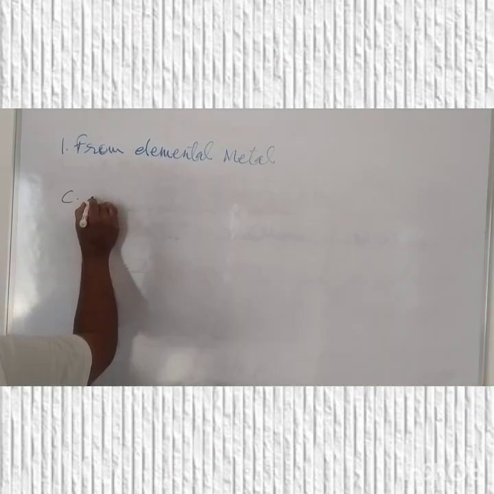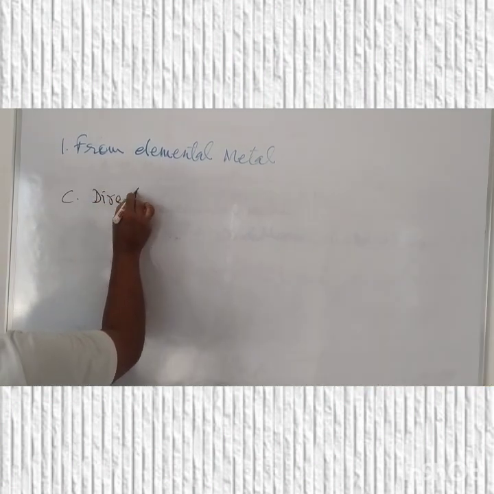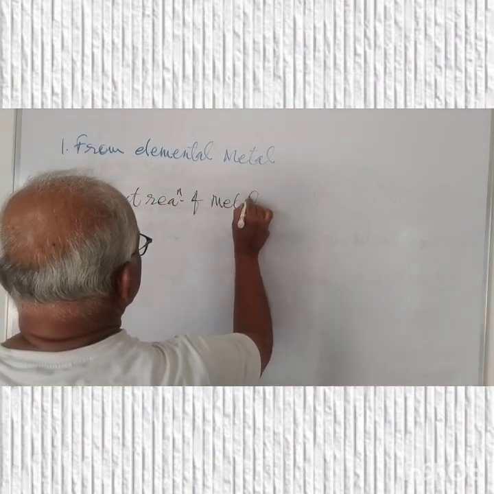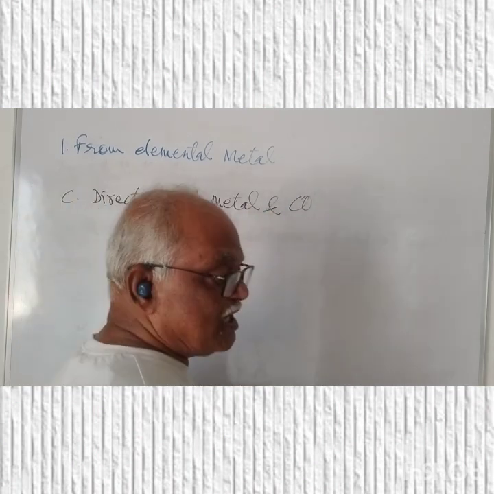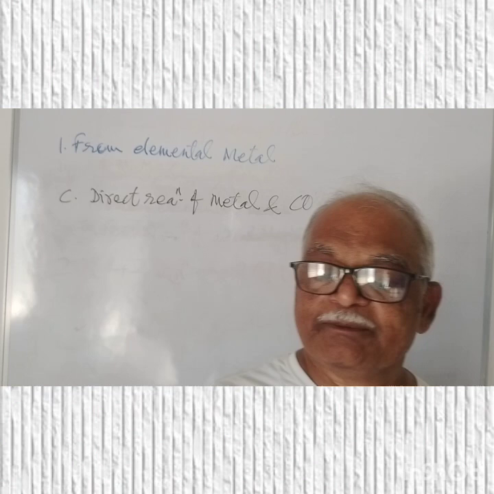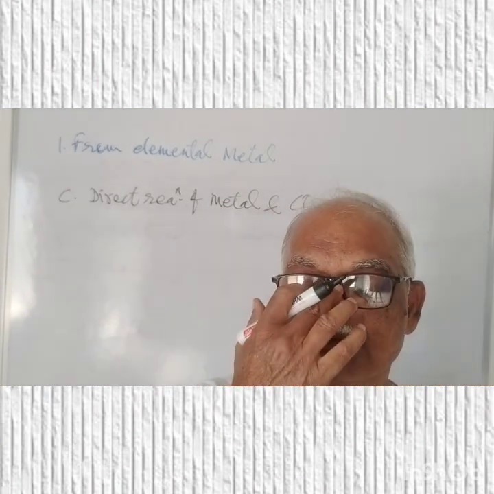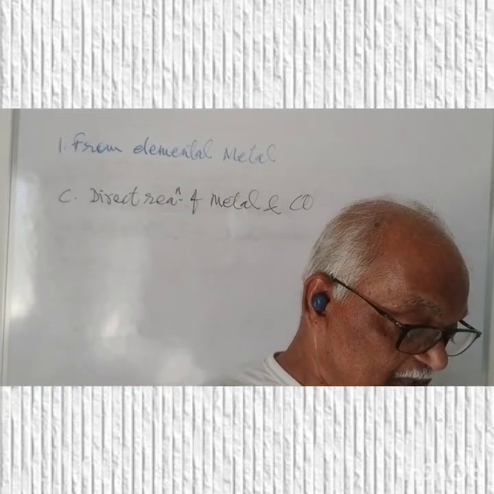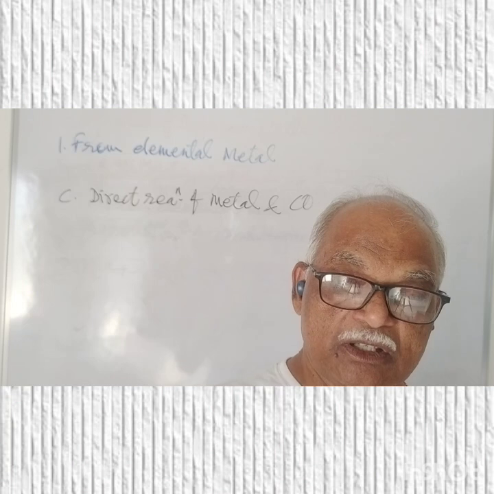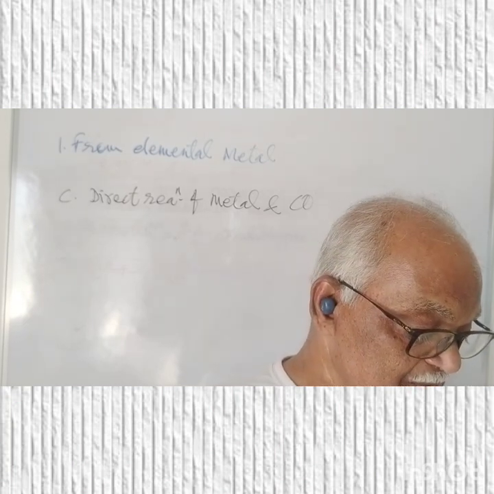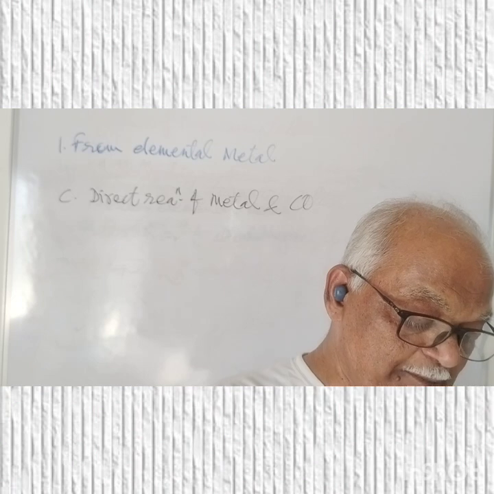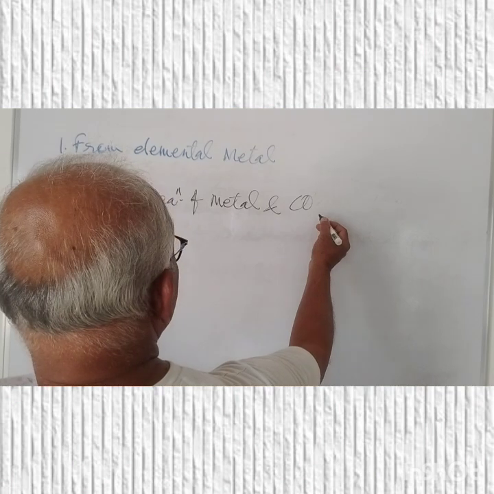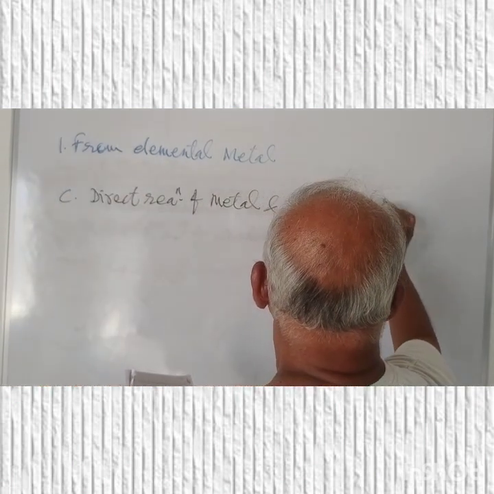Now the third is the direct reaction of metal and carbon monoxide, producing metal carbonyls. The carbonyl compounds of metals are discussed separately as part of organometallic compounds, but we are taking here the type of reaction only.